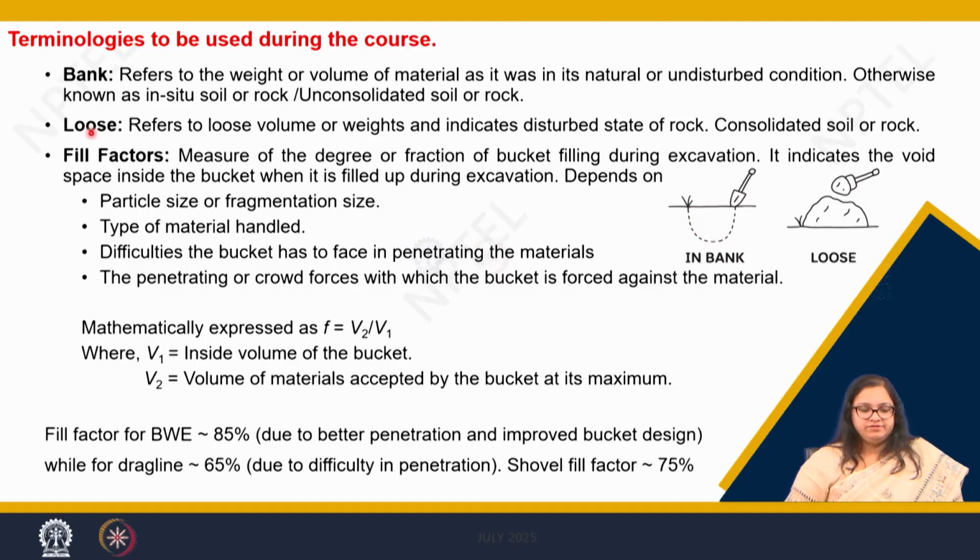When we refer to the word loose, it refers to loose volume or weight, and it indicates the disturbed state of the rock. So if you see this loose soil or rock, it is already disturbed from its unconsolidated state.